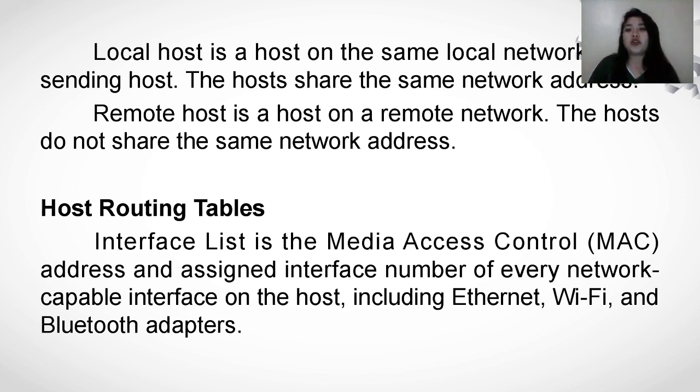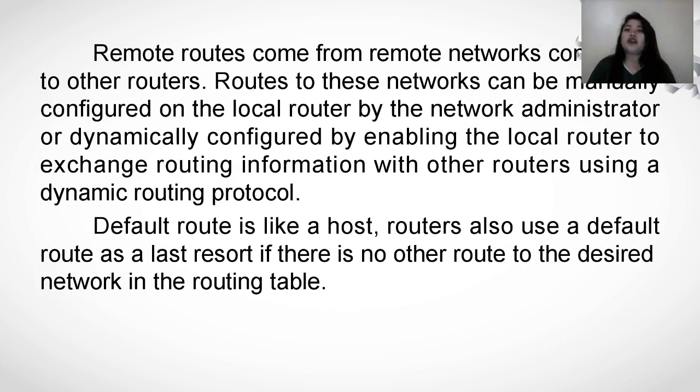Then host routing tables. Interface list is the media access control or MAC address and assigned interface number of every network capable interface on the host, including Ethernet, Wi-Fi, and Bluetooth adapters. Remote routes come from remote networks connected to other routers.